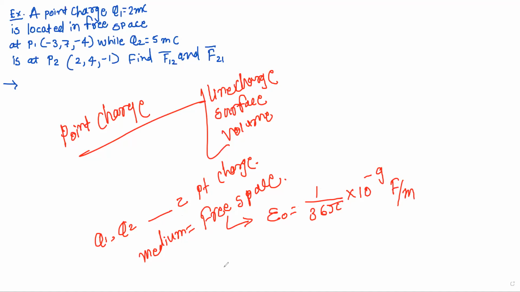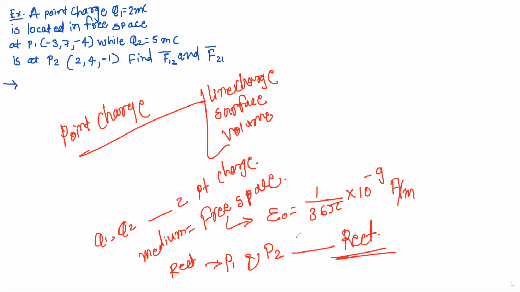Next, they have mentioned P1 and P2 for the location of Q1 and Q2. Both the points are specified with respect to X, Y, Z, which means both points are in a rectangular coordinate system. Sometimes they specify one point in rectangular and one point in another coordinate system.